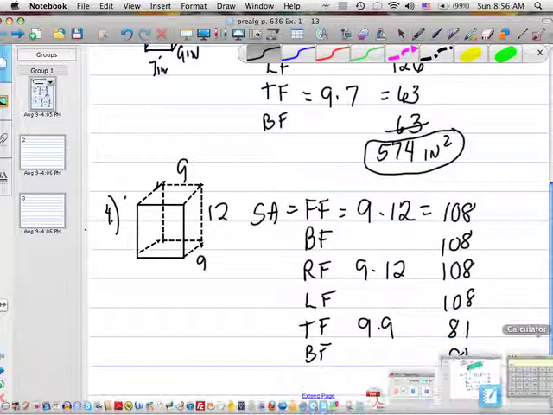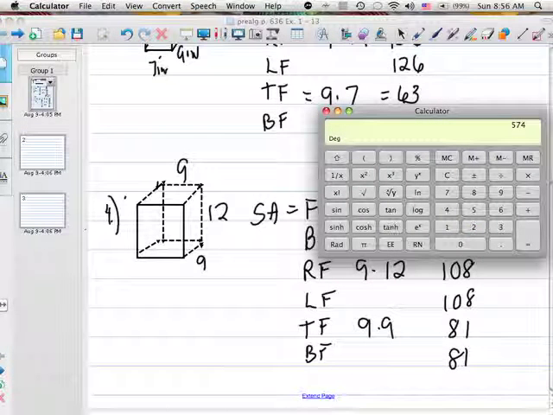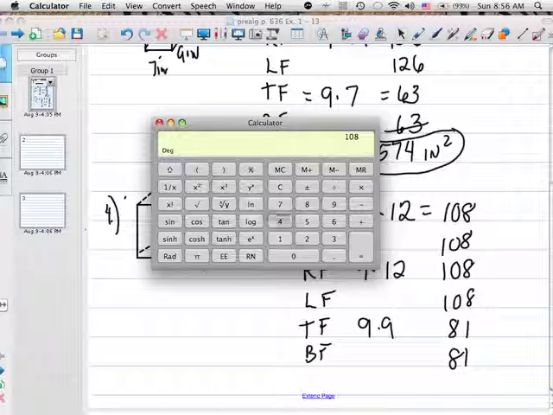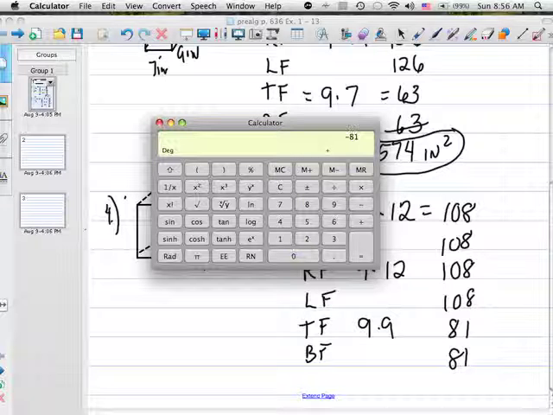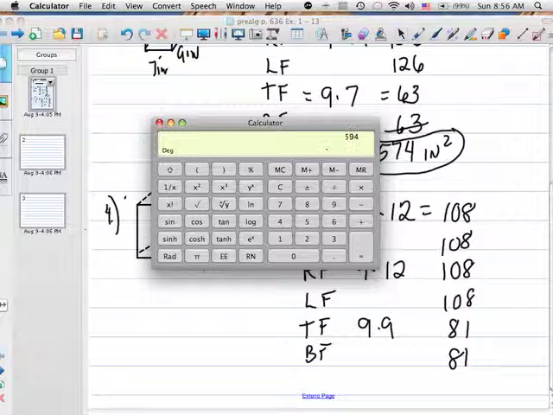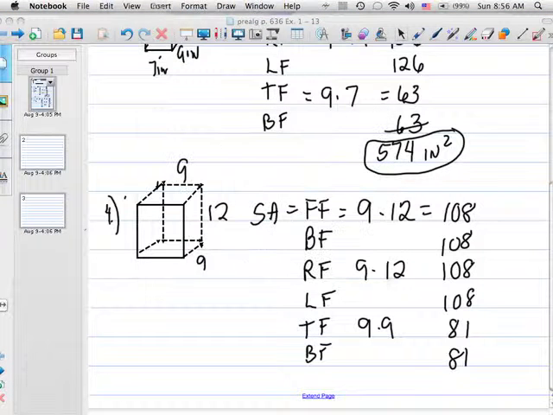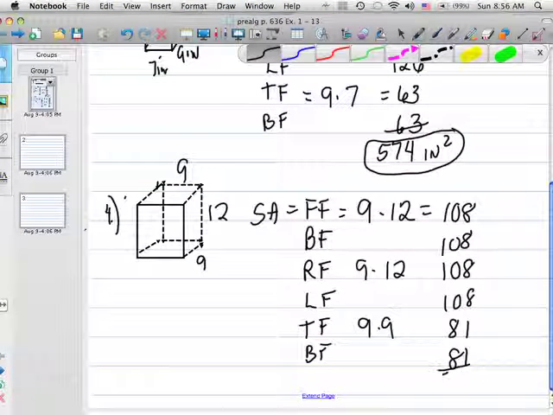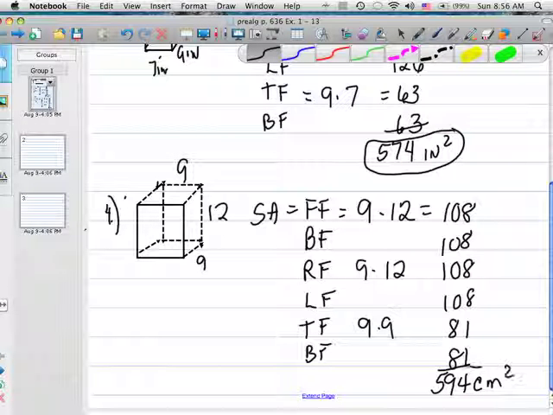And we add those up. 108 times 4 plus 81 times 2. Let's clear that, I think I made a mistake. And that gives us a total of 594. And the unit was centimeters squared.